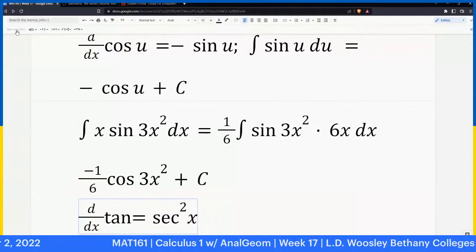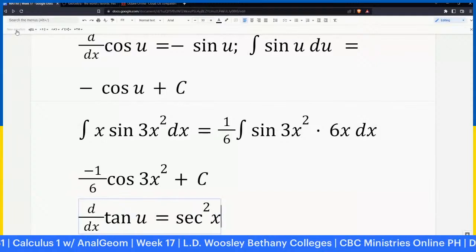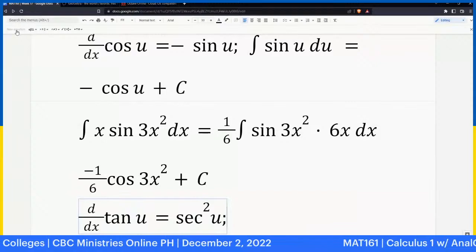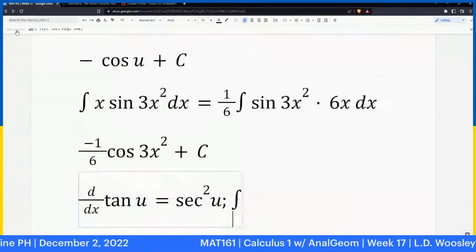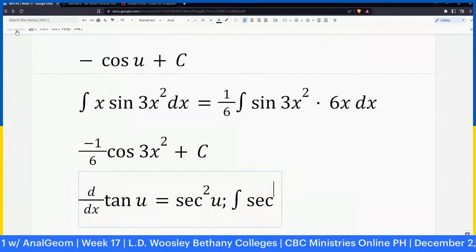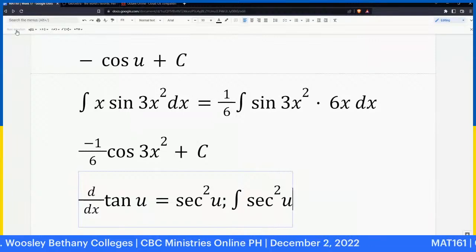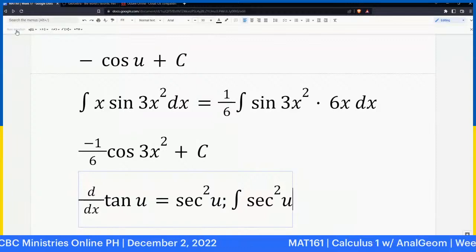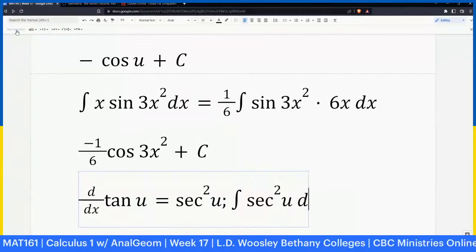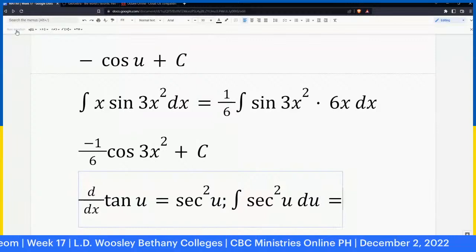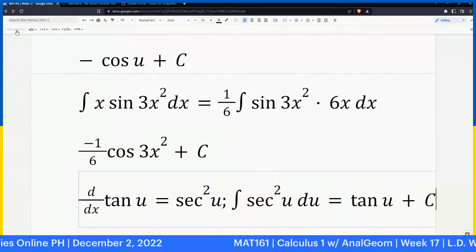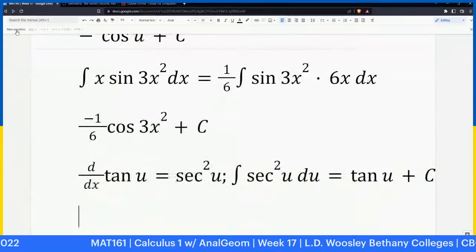Be more general. Okay? So if we will try to put that in the integration, this would mean integral of secant squared u du is equal to tan u plus c. Right?